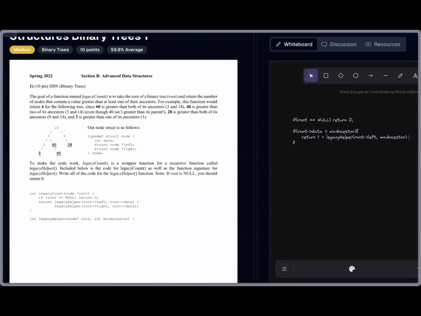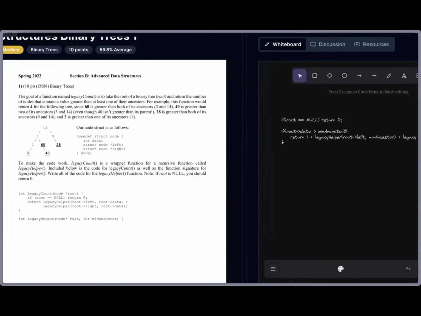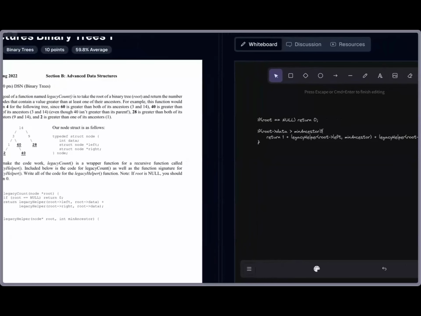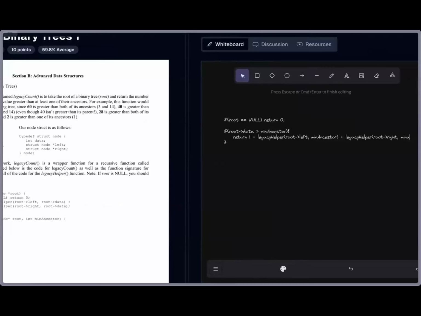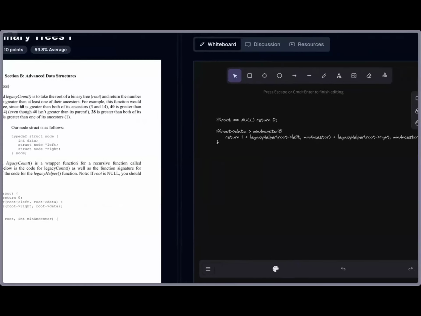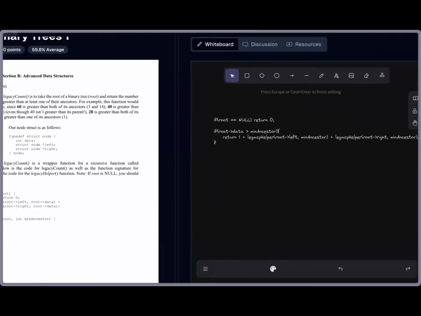Ancestor. And then you add the legacy helper root pointing to right, comma, and perfect. All right. What do you guys think is next from there?